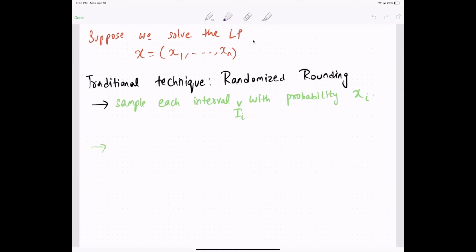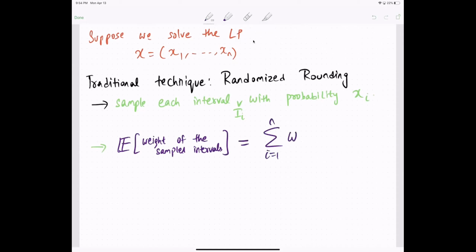The expected weight of the sampled intervals will be the standard definition of expectation, which is the weight of the object times the probability of picking it, wi.